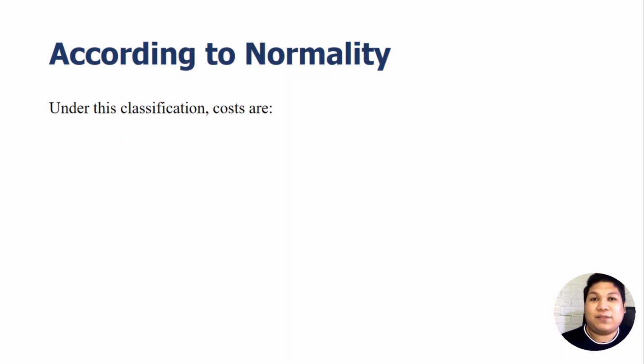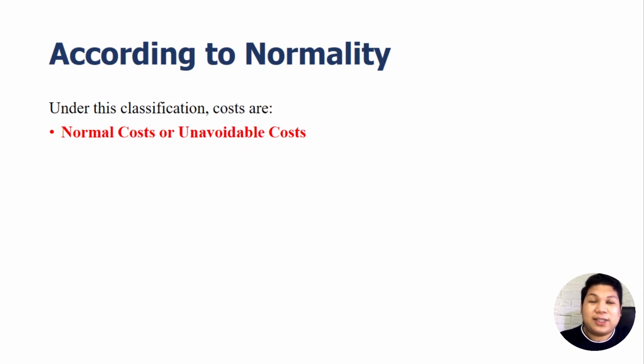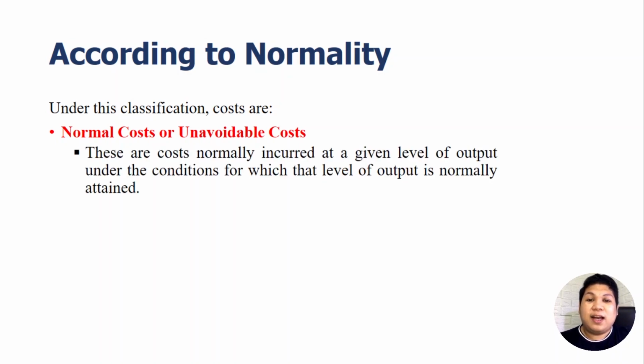Okay? The other classification, we have normality. So under this classification, costs are classified whether normal costs or abnormal costs. Normal costs or unavoidable costs are normally incurred at a given level of output under conditions for which that level of output is normally attained. So examples of these costs are the production costs which you normally incur, those costs that you normally spend on part of the regular operation are all normal costs.